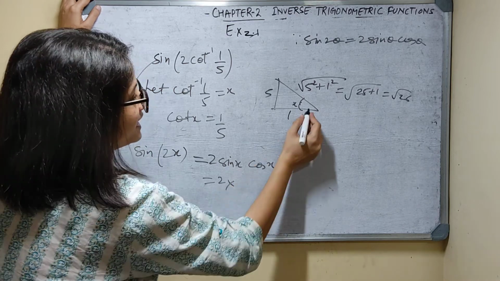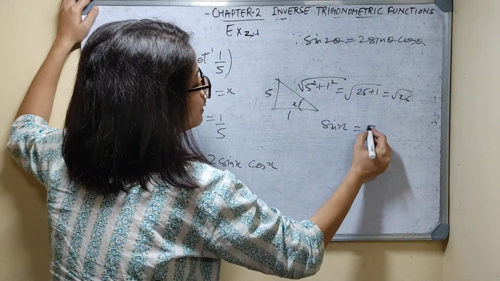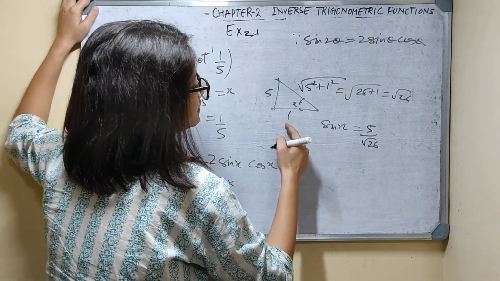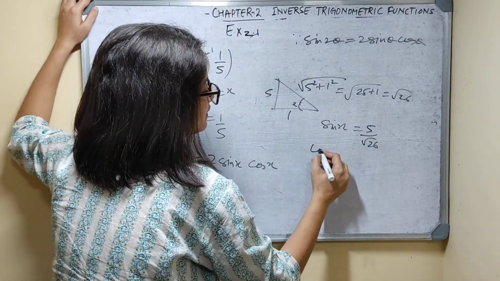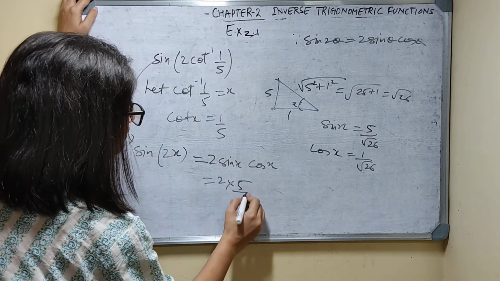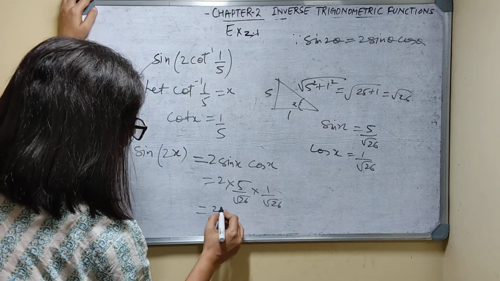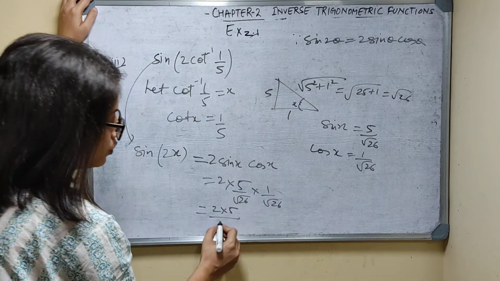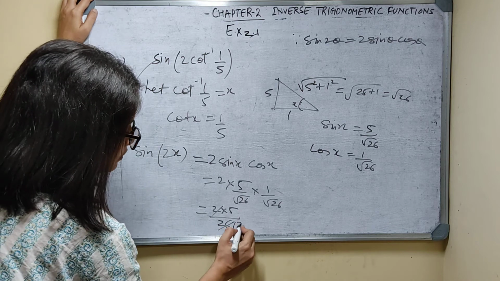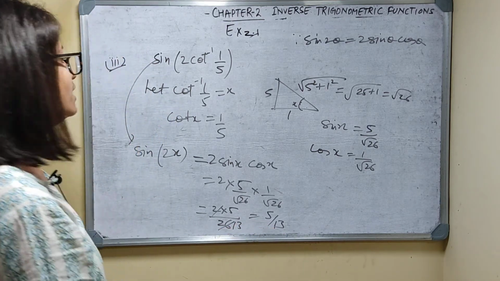Sine x is 5 by root 26 and cos x is 1 by root 26. So I can write 2 into 5 by root 26 into 1 by root 26, that is 2 into 5 upon 26. Two 13s are 26, so the answer is 5 by 13. Thank you.